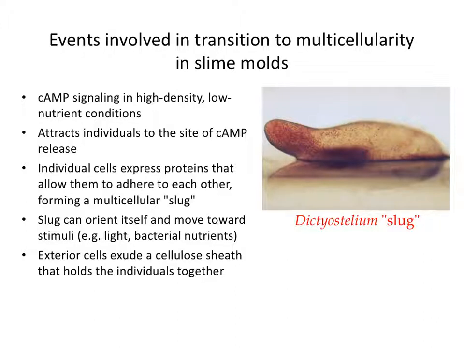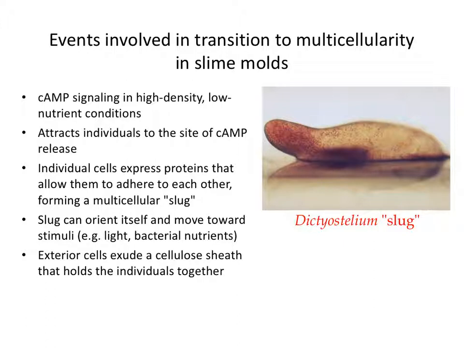But people also discovered over decades, this has been known for a long time, they could label certain cells, and they discovered that in this slug, there are already tissues, basically.